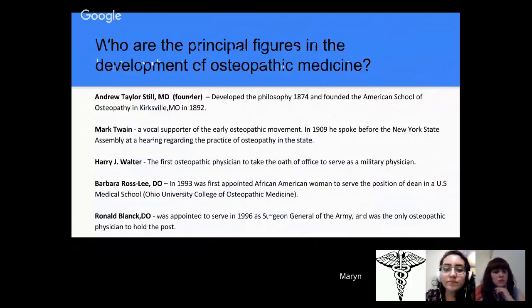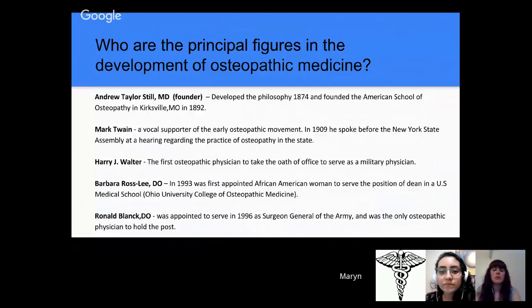Okay, so there are a few principal figures in the development of osteopathic medicine, and the first and major one was Andrew Taylor Still, who was the founder of this type of medicine.